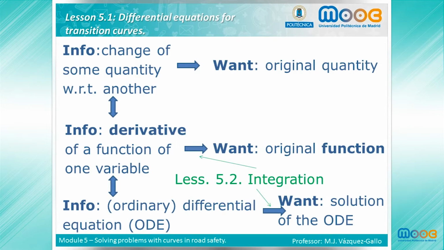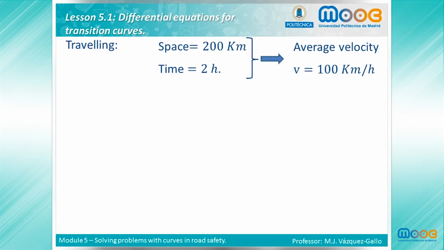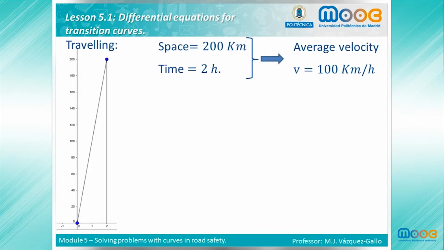To start with, let's remember the idea of derivative of a function that has been recalled before in part 1 of this course. Imagine you are traveling so that you cover 200 kilometers in 2 hours; your average velocity is 100 kilometers per hour.